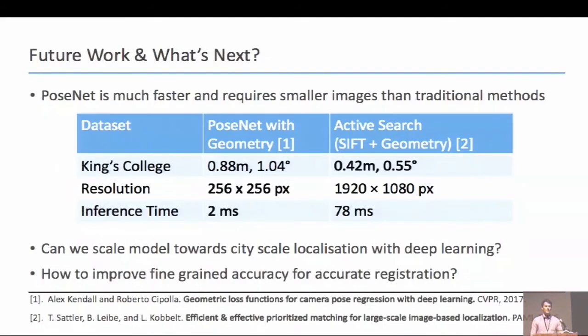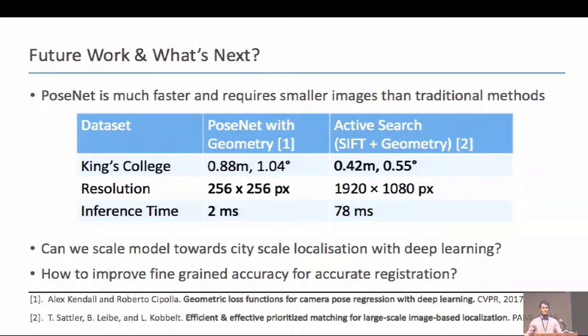But you can start to look at other aspects of the network. Like I've tried to show some evidence for, it's perhaps more robust, and that initial question that I posed to you of what is the best map representation? Should it be Euclidean? Well, by learning a feature representation and learning this map space, we can show that it's also more efficient. When you compare the methods, PoseNet only requires a very small resolution image of 256 by 256 pixels, and 2 milliseconds for a single forward pass through a neural network to localize.